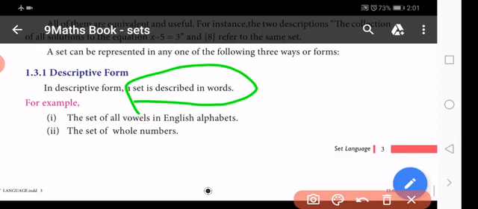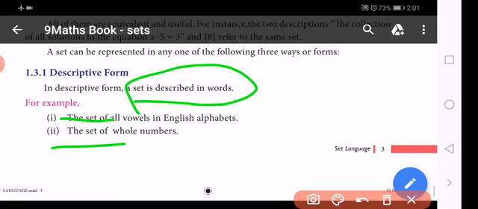So the first model is descriptive form. That means a set is described in words only. In this form, each and every set starts with "the set of".